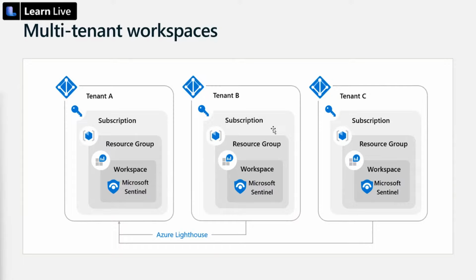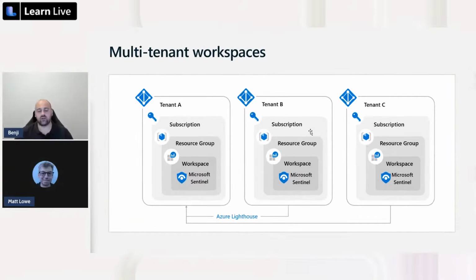So if tenant A is the main one, from where we will be actually working on the different data from other tenants, from tenant A, we will create that ARM template with all the permissions and deploy those permissions to tenant B and tenant C, which will apply the permissions that we need, and then we can go and query the data, see the incidents from the various systems, and see it all in one view.